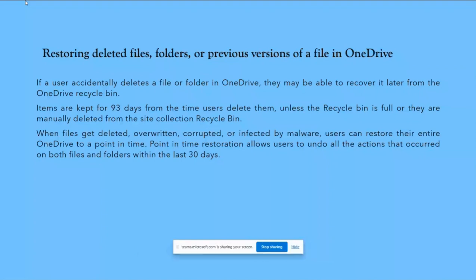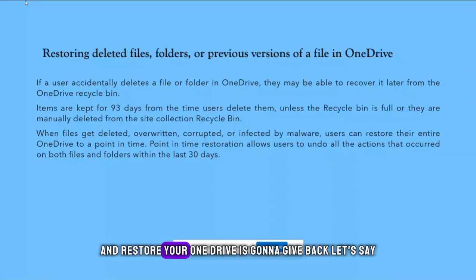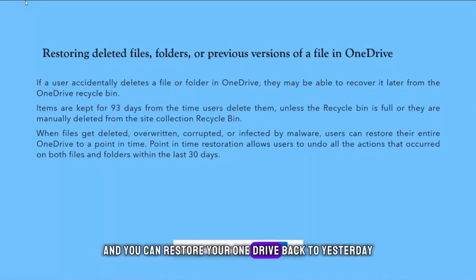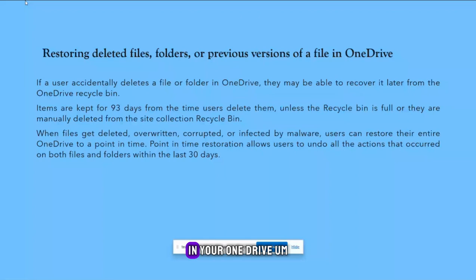You could just go back to a point in time and restore your OneDrive. Today you couldn't find a file, but yesterday you found it, and you can restore your OneDrive back to yesterday, and all the files that were there in your OneDrive yesterday automatically come back when you restore it.